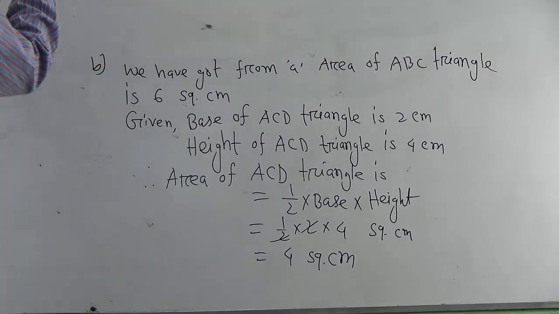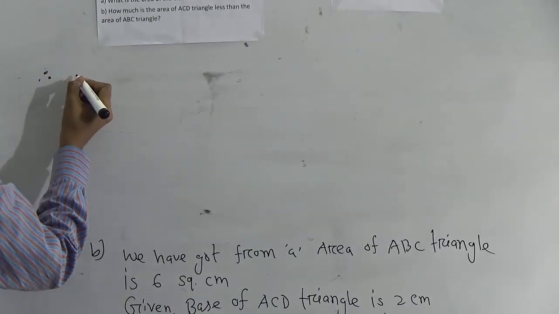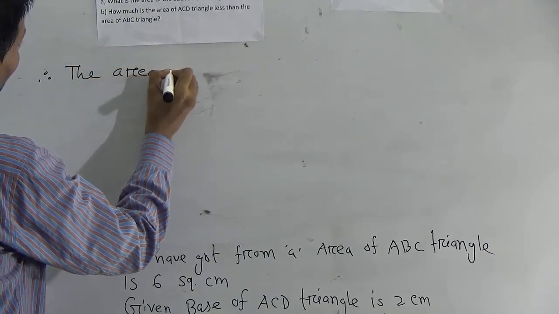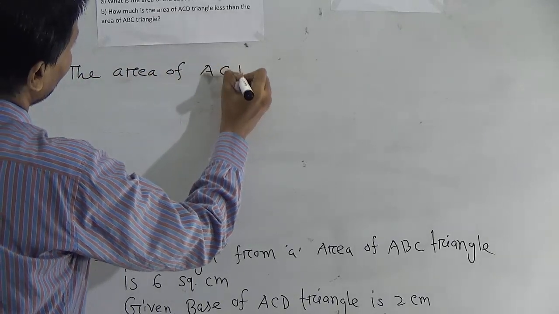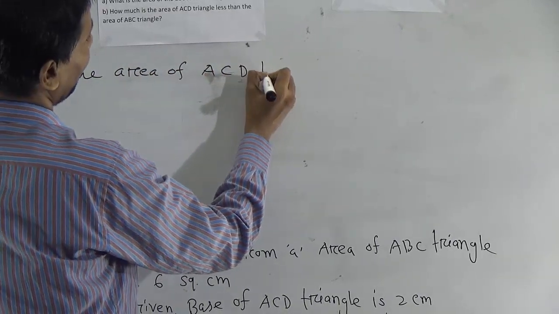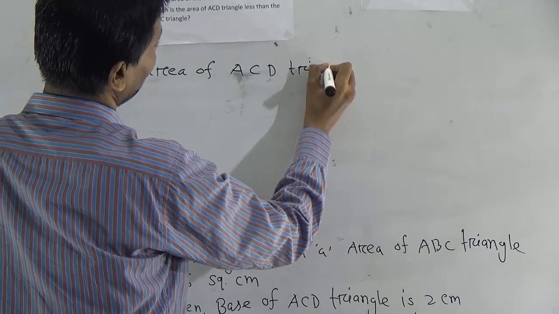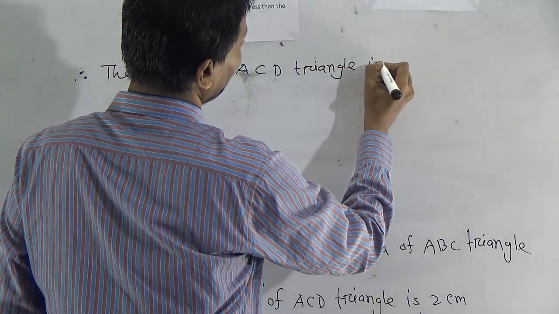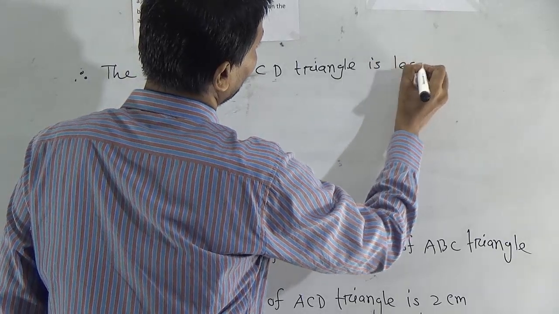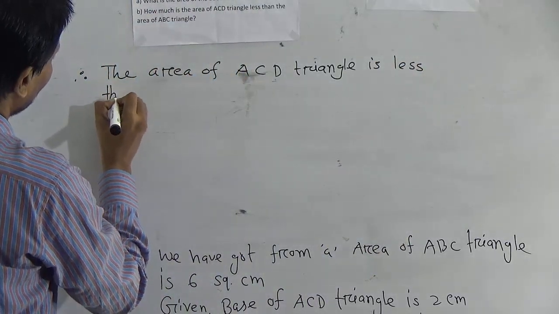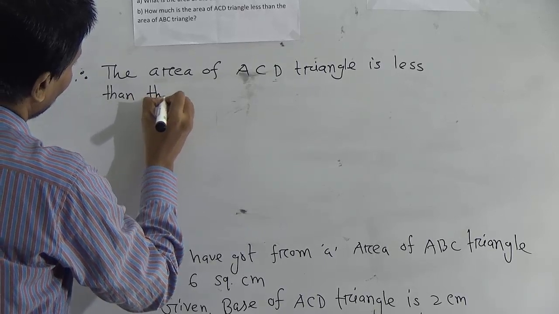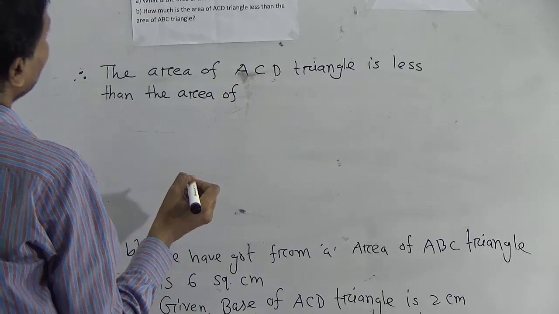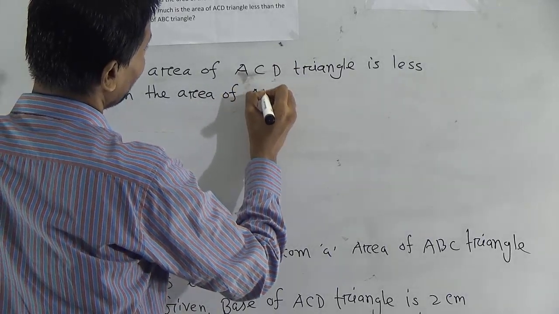Now the last line, therefore the area of ACD triangle is less than the area of ABC.